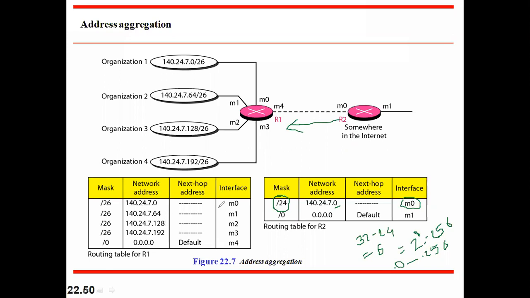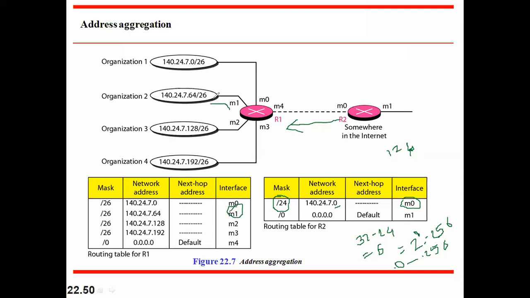From which interface will the packet be transmitted? We have considered 124, so the packet will be transmitted by the interface M1.